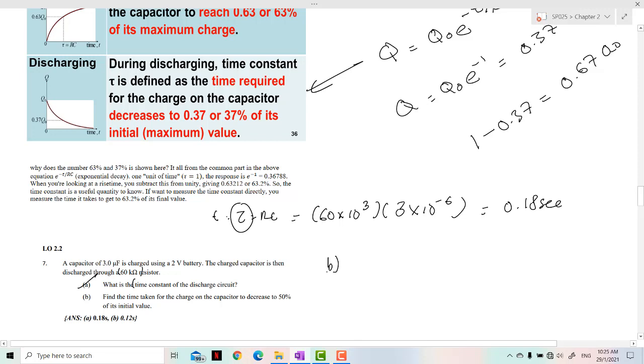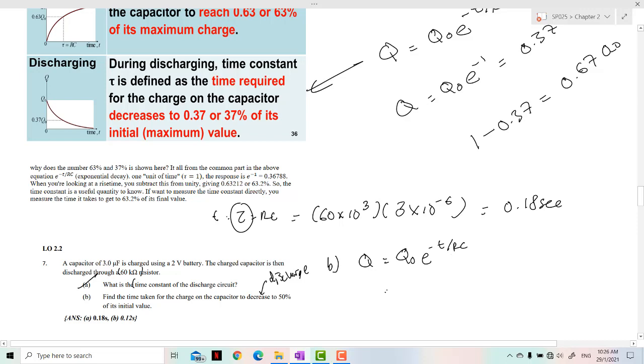Next for part B, find the time taken for the charge on the capacitor to decrease to 50% of its initial value. First thing you need to note is that when it says decrease, it is discharging. So what is your Q equal to? Not 1 minus, because 1 minus is the charging. So it's Q equal to Q naught e to the negative t over RC.